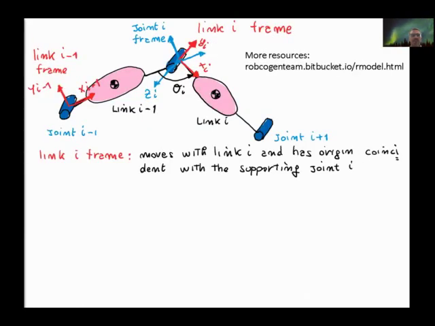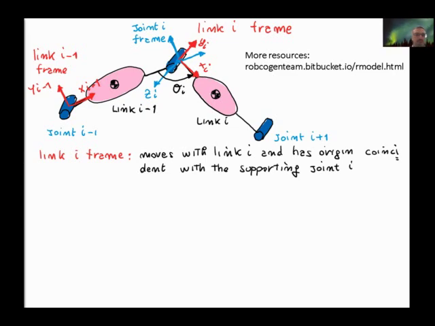Now, I show you here a generic section of the kinematic tree of a generic robot that shows 2 subsequent links connected by a revolute joint.